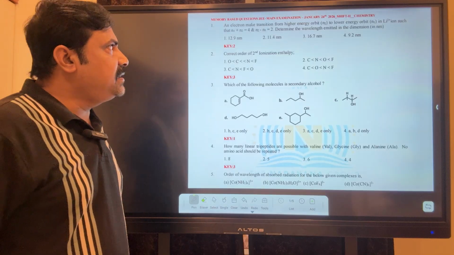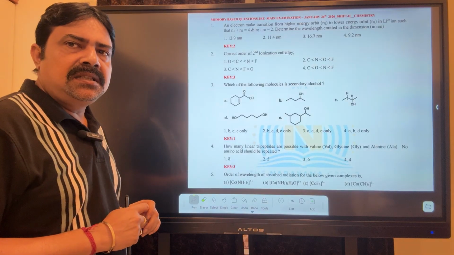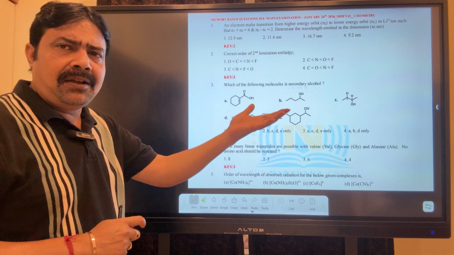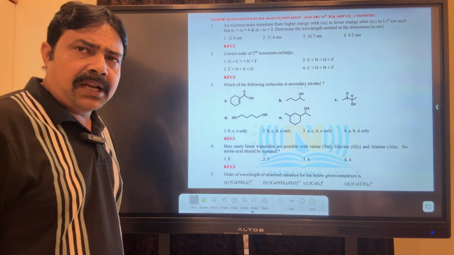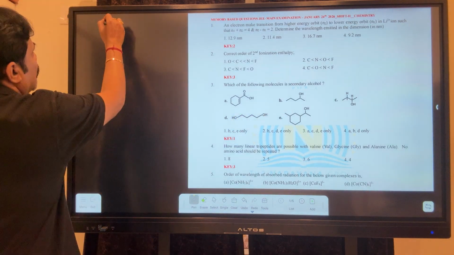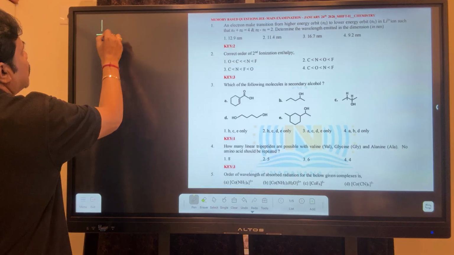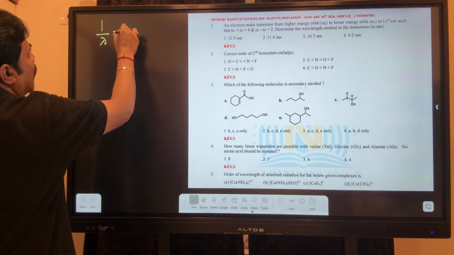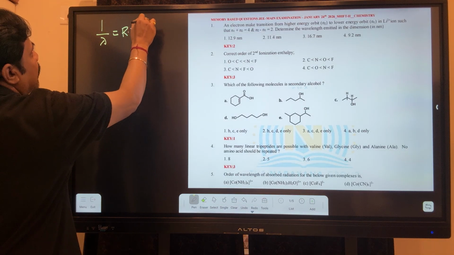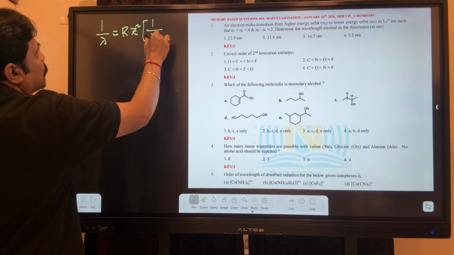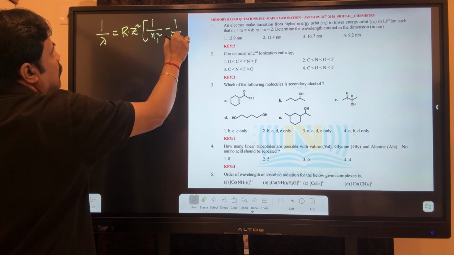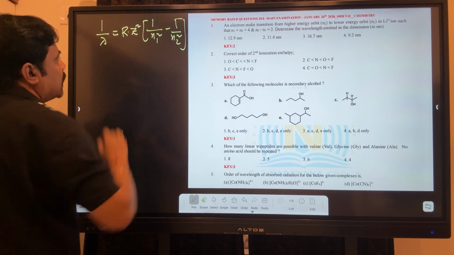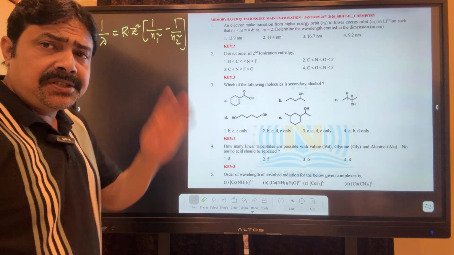Now once you get that the transition is 3 to 1, you apply the very famous formula for the hydrogen spectrum. That means 1 by lambda equals Rydberg constant R into Z square into (1 by n1 square minus 1 by n2 square), where n1 is the lower energy orbit and n2 is the higher energy orbit.